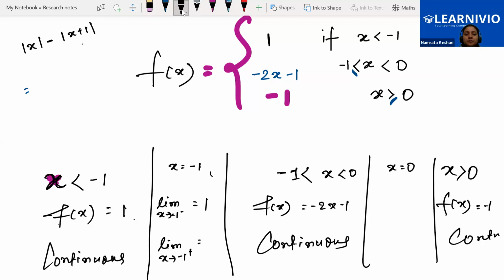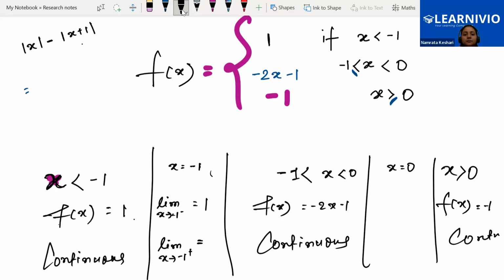Right hand limit at -1, Fatima, be careful. The function is -2x minus 1, right? Oh, yes.